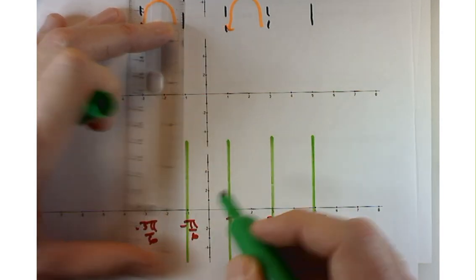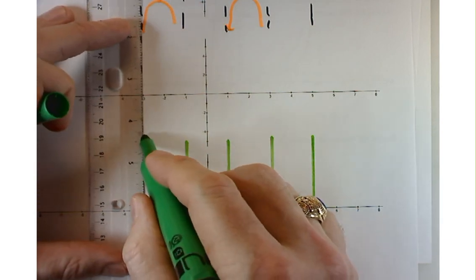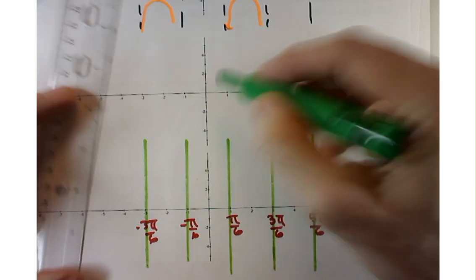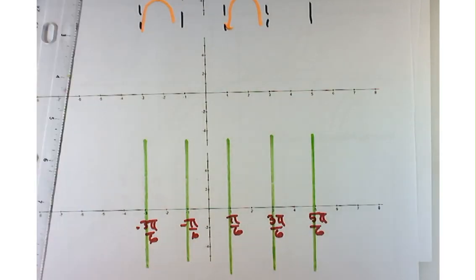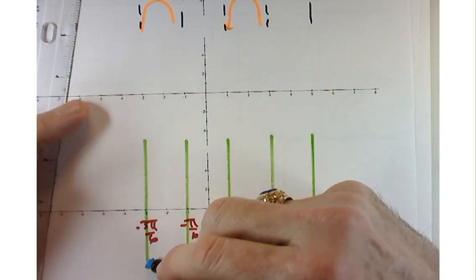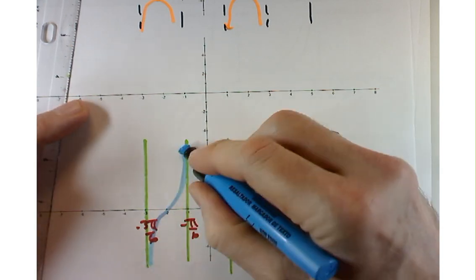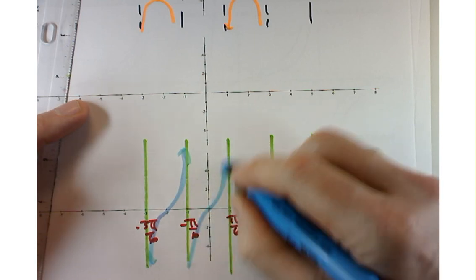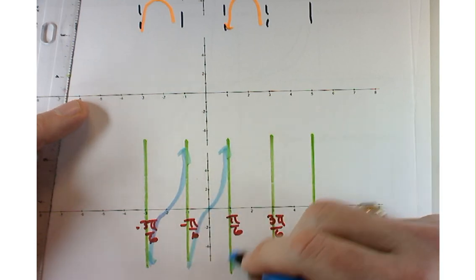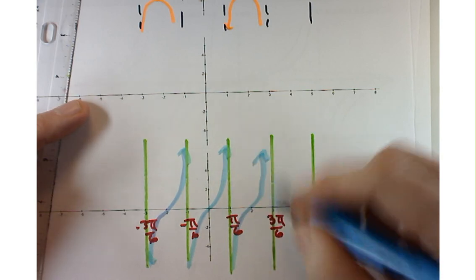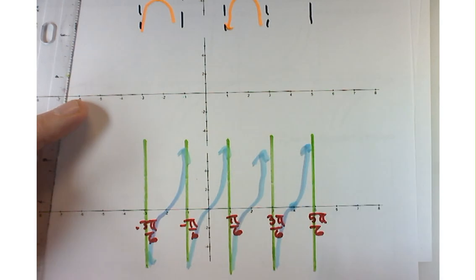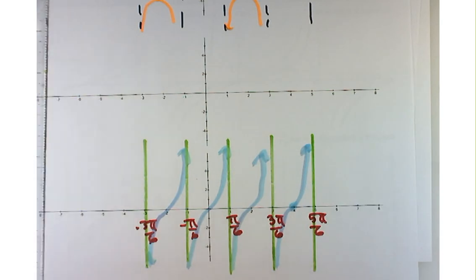In the interest of time, I'm not going to do all that. I'm just going to tell you that that shape is going to be the increasing shape that we're accustomed to for the graph of the tangent, since it hasn't been flipped. It's going to look kind of like this. It's going to go through the x-axis right between your vertical asymptotes. So it should look roughly like that.